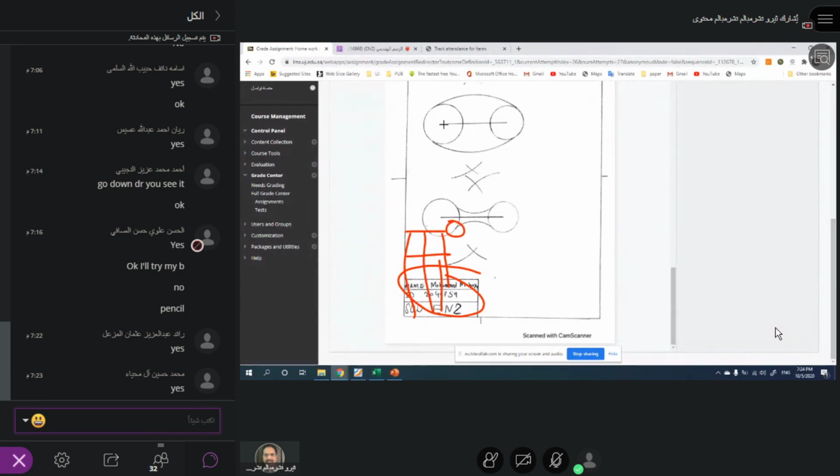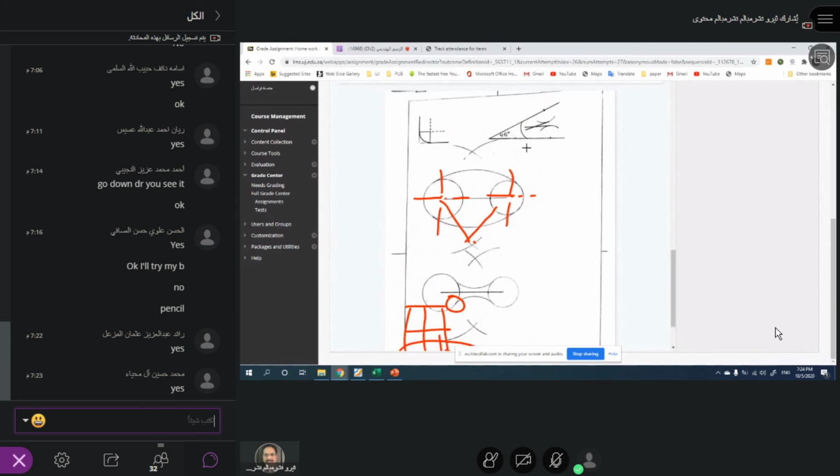I don't know how you made this. The other people are making it very nicely. I think there is something wrong with your drawings. It is wrong. So okay, this radius is wrong. This one is okay. This one is okay.